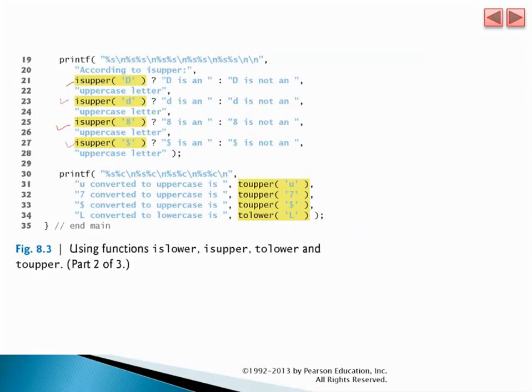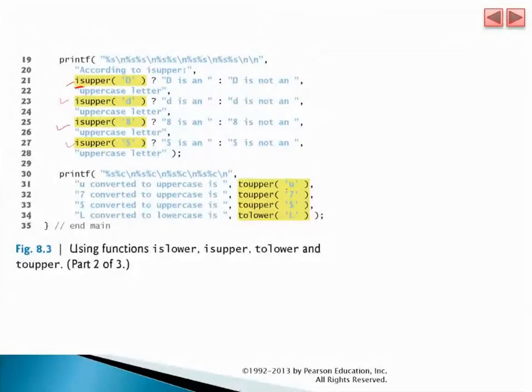Now let's see how we can convert it. If you want to convert it, small u is converted to uppercase, and we have done it using this function. Okay. Is lower will always return true or false, but to lower and to upper will actually print by converting the character.